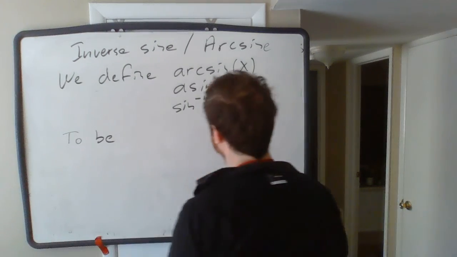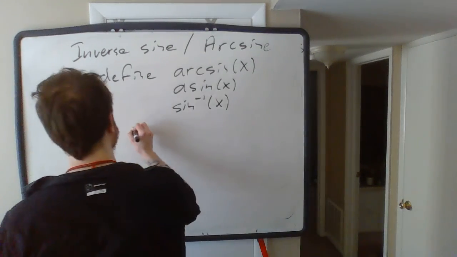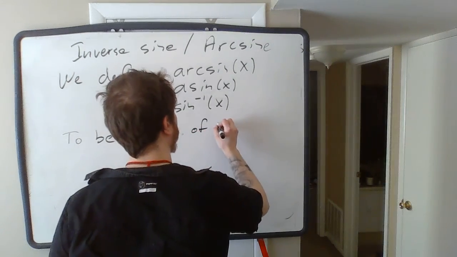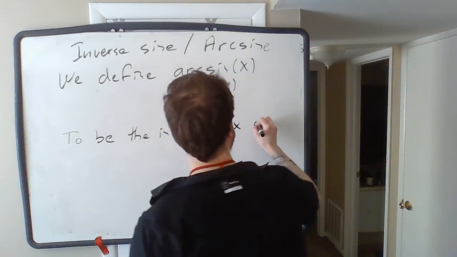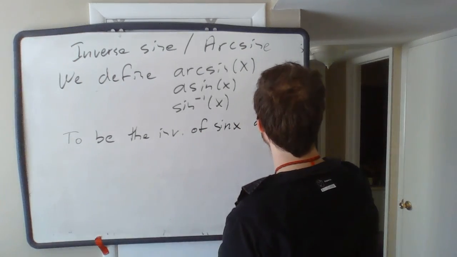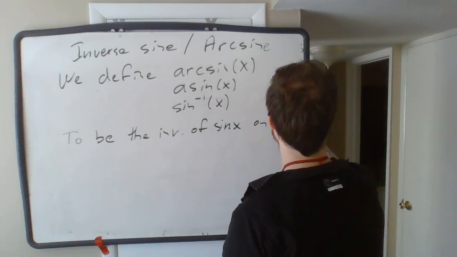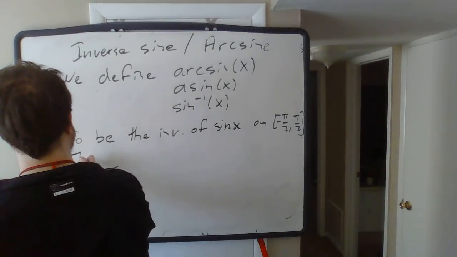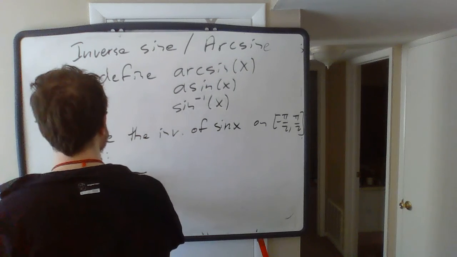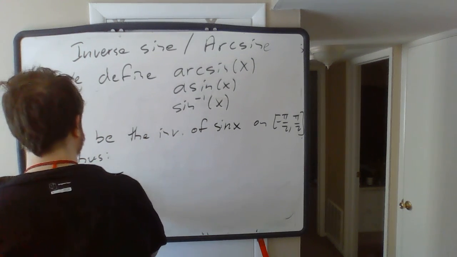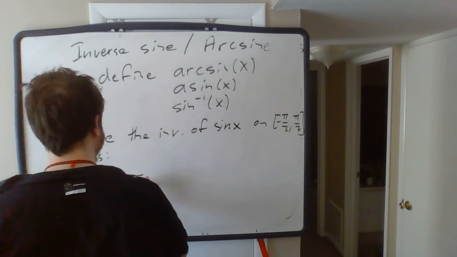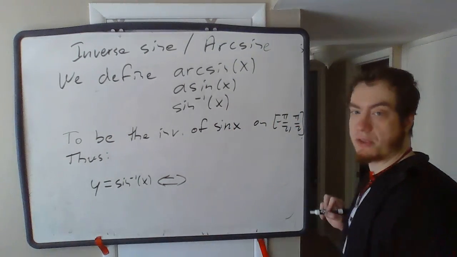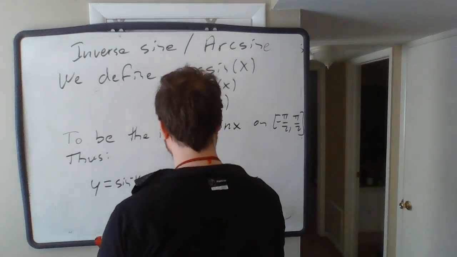So we define this in the following way. We want it to be the inverse of sine x on the interval from minus pi over 2 to positive pi over 2. So this means that y equals sine inverse of x is defined to mean the following two things are true.